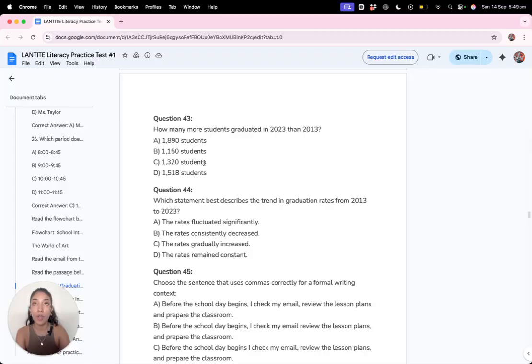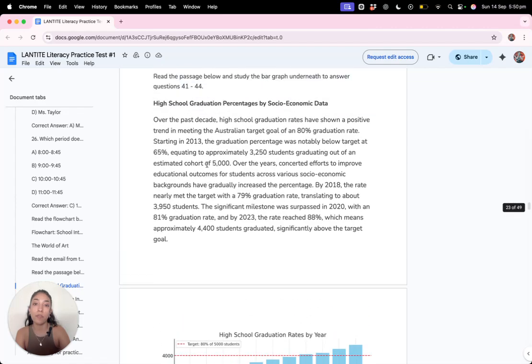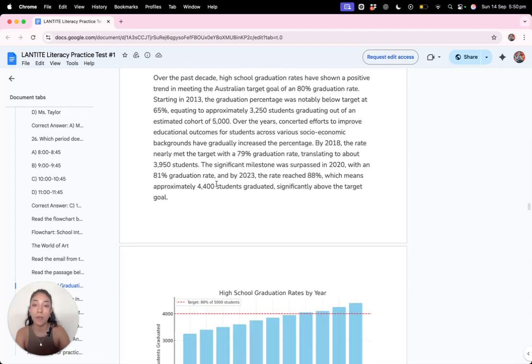And I'm going to go with B, 1,150 students, and that's because 1,150 students more graduated in 2023 than in 2013, according to the data presented in the text. So you can also use the text that's provided as well, okay, which is here.